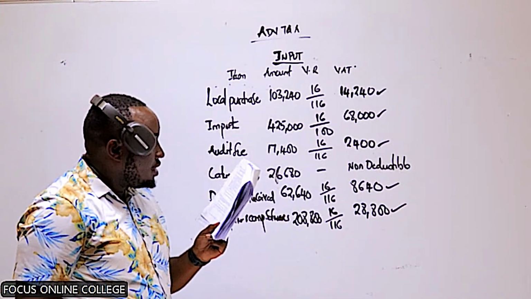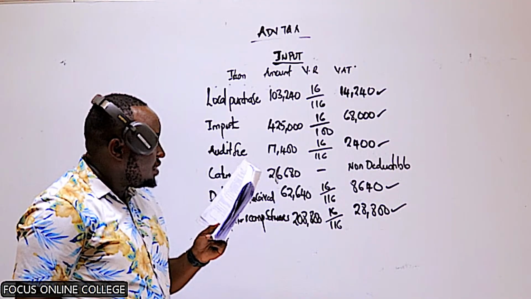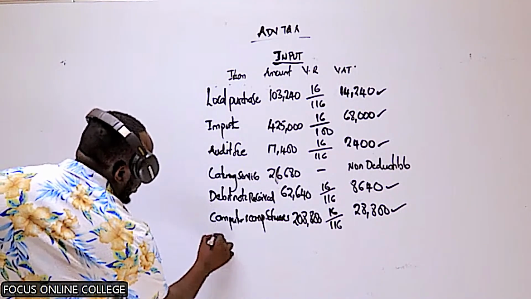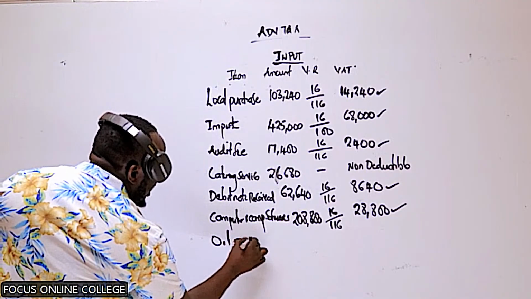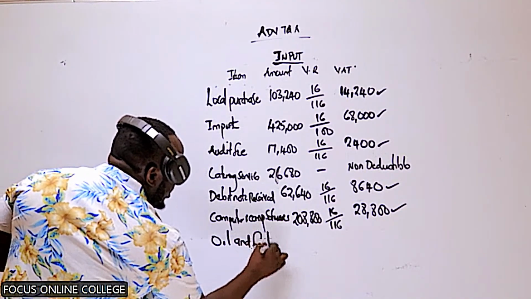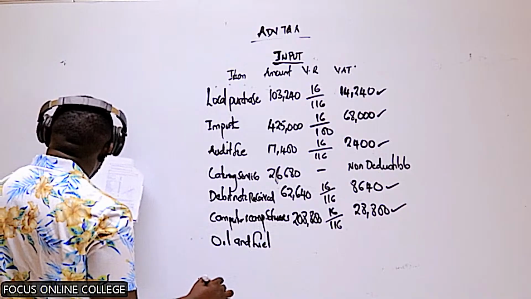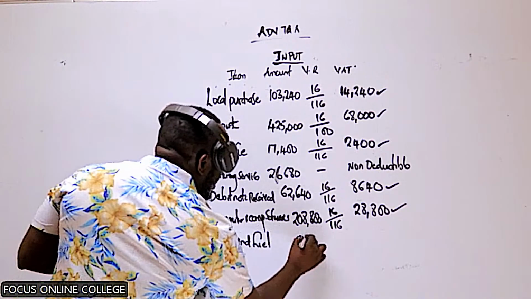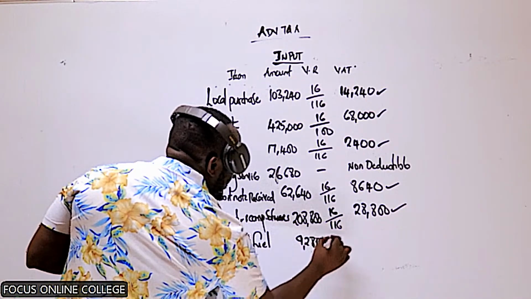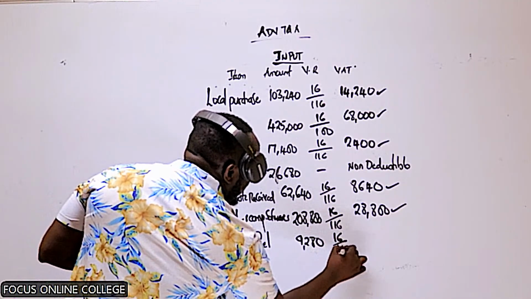We have oil and fuel. We have 92,80, times 16 over 116.